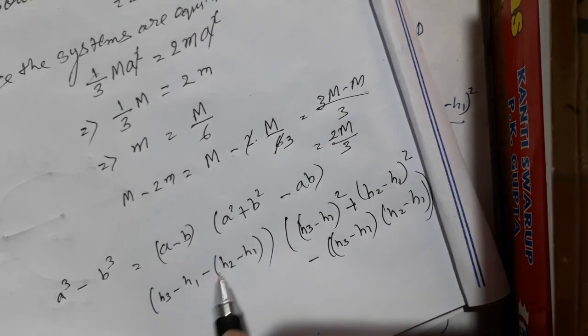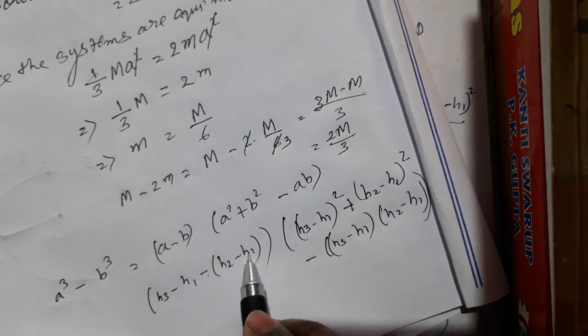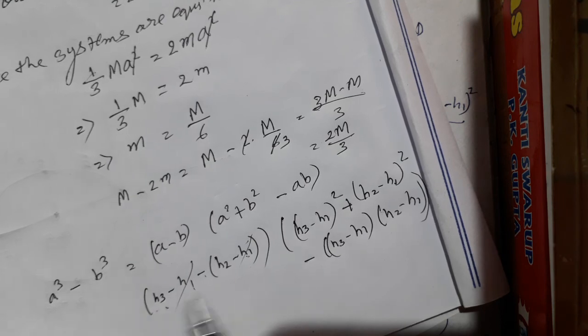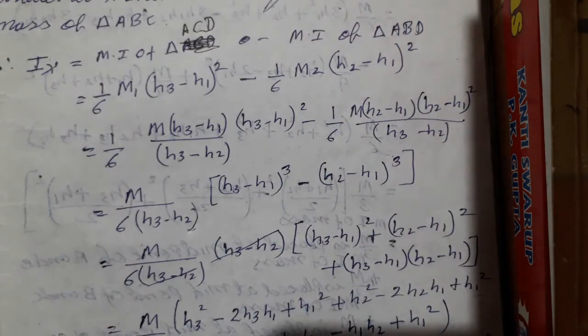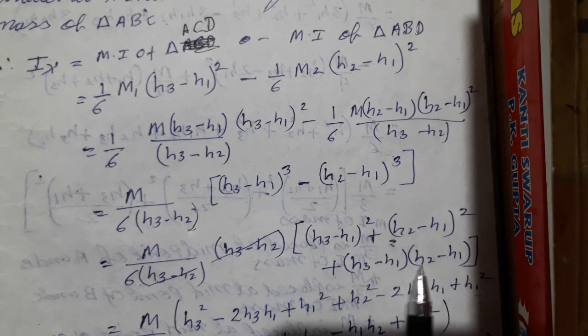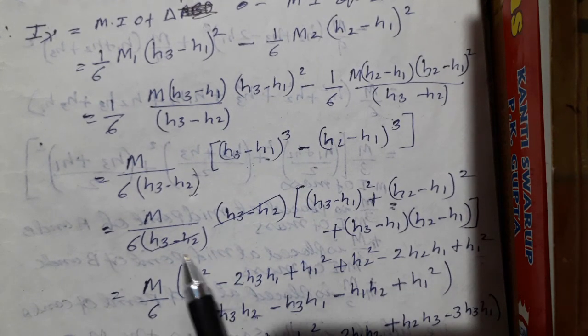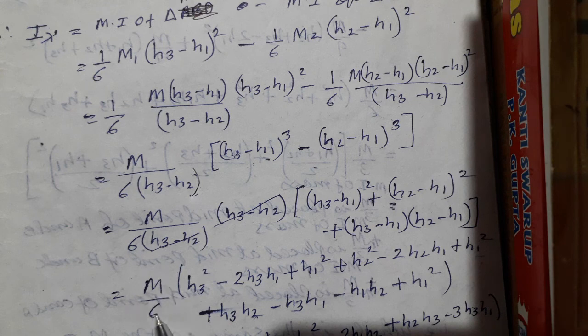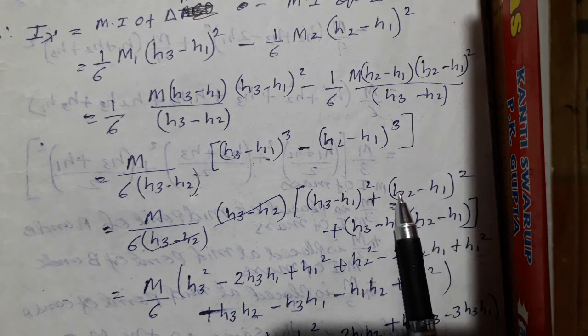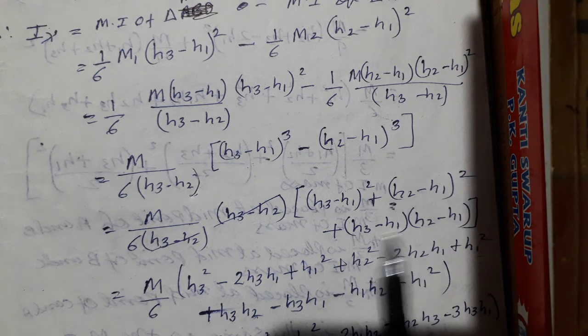You can see this multiplication becomes plus, and h1 and h1 will be cancelled. So what is left is h3 minus h2, and we get the same in a similar manner here. So this and this get cancelled, and we are left with m by 6. This you split with the formula a minus b whole square, and the same way here also, and this you multiply.